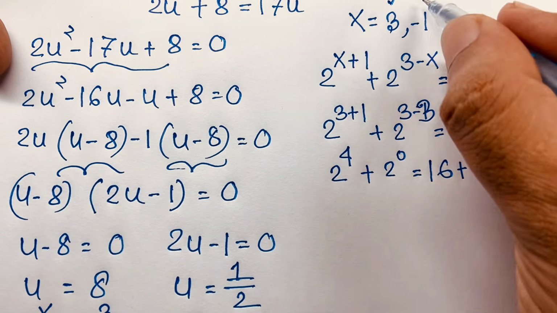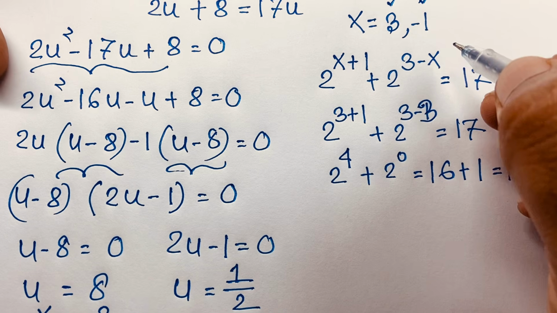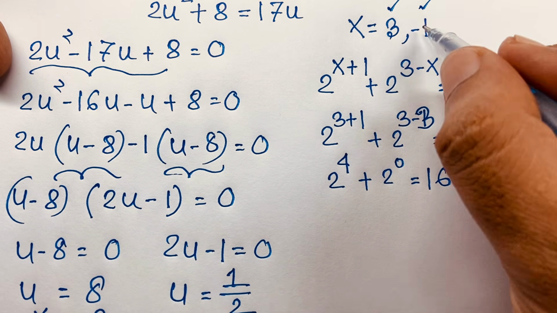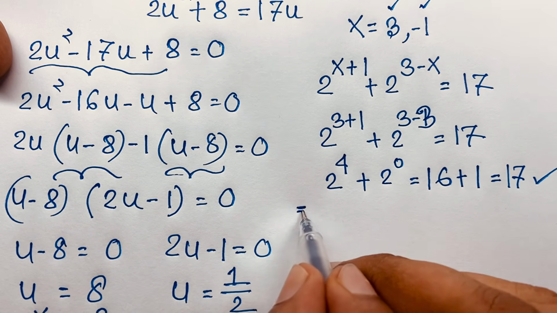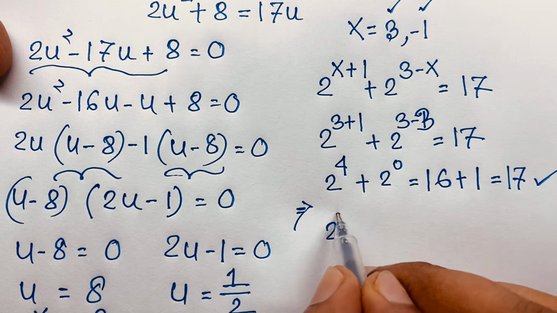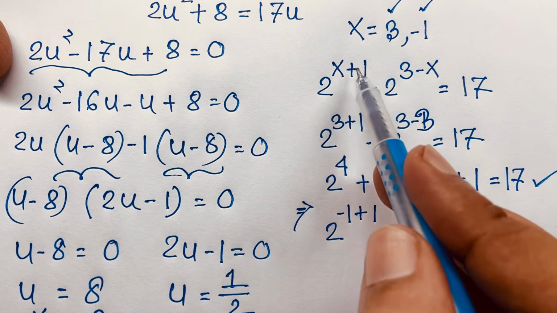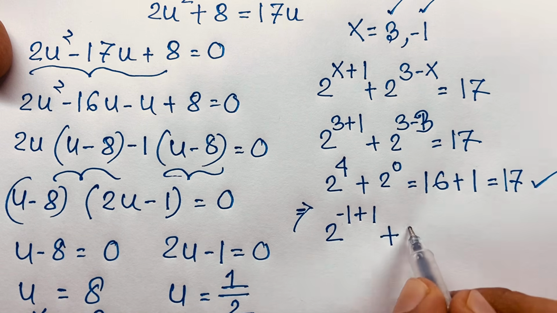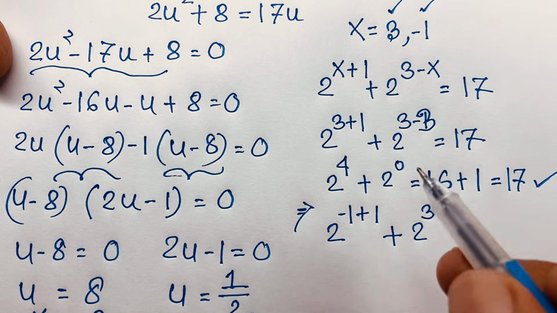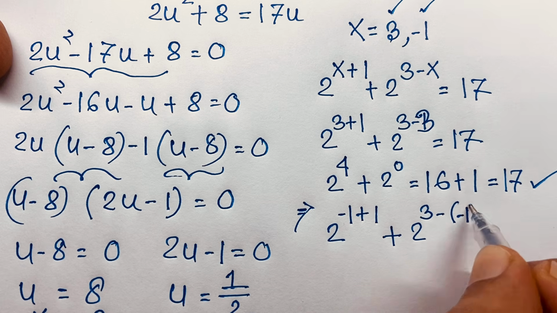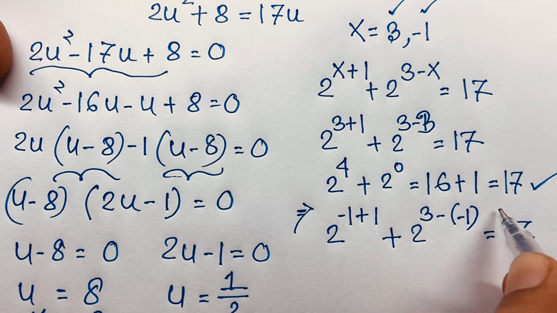Now I take x is equal to negative 1. Let's verify. This is 2 to the power minus 1 plus 1, plus 2 to the power 3 minus x, but x is equal to minus 1, so 3 plus 1, this is 4, is equal to 17.